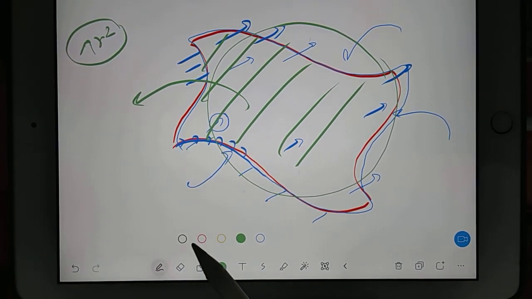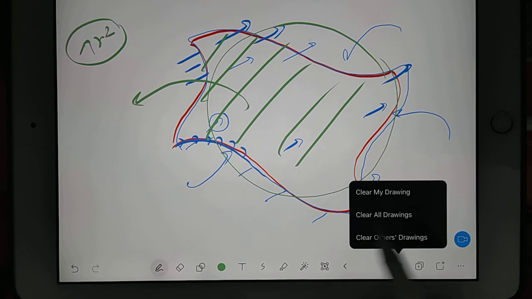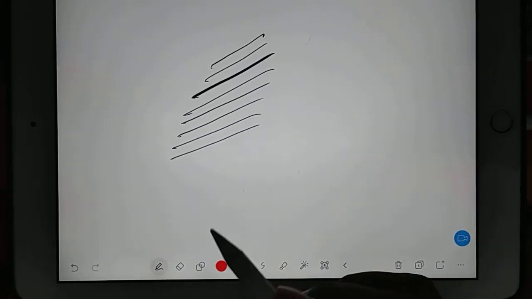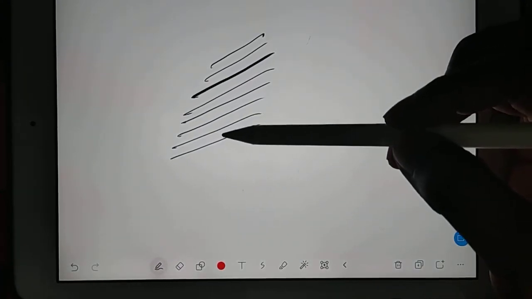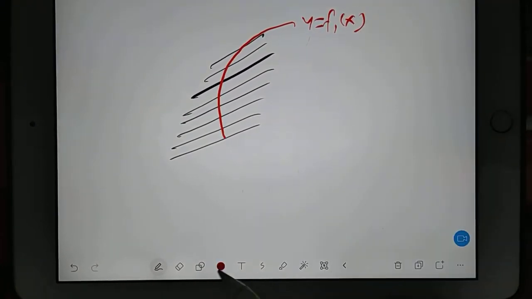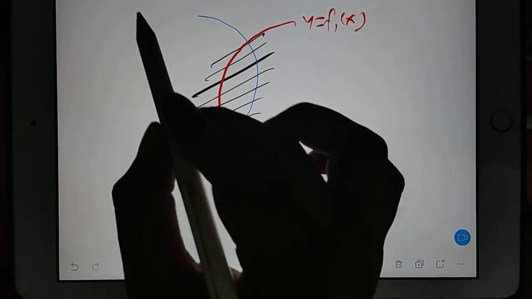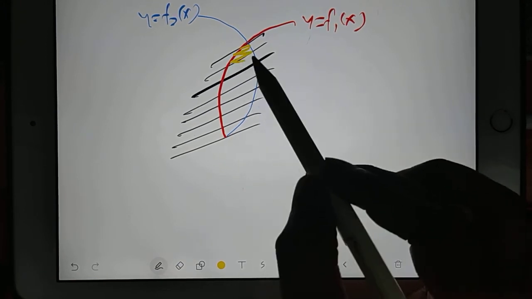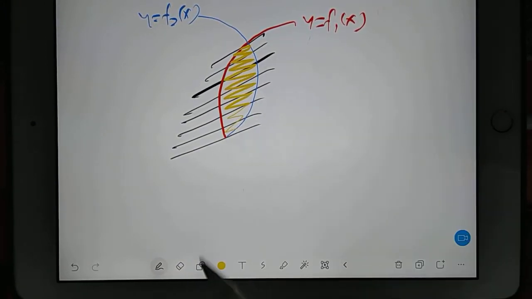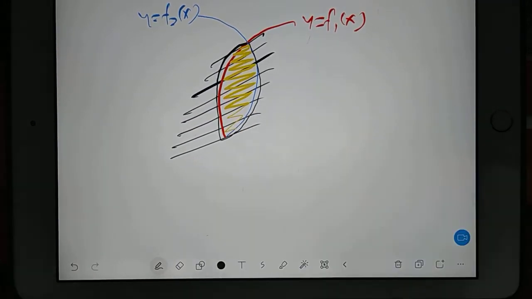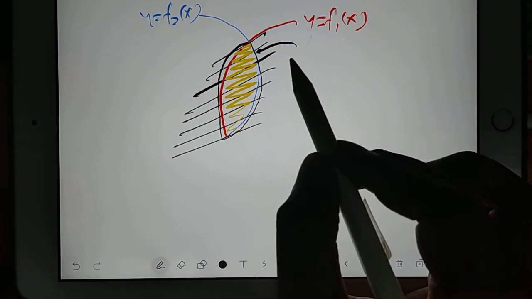But sometimes they can say that the area we are going to calculate is bounded by one equation which is y is equal to f1(x), and another equation which is y is equal to f2(x). In that case, what will happen? This area we have to calculate. But the problem is we don't know the shape of this new diagram. We cannot say this is a circle, ellipse, or what.